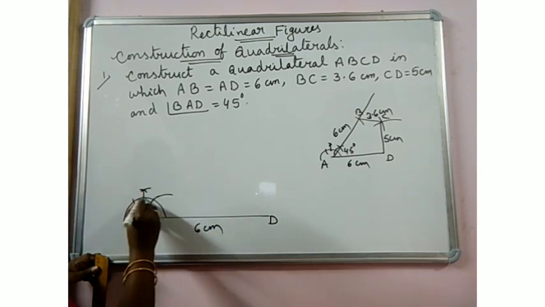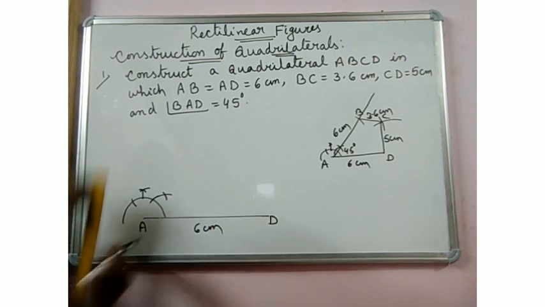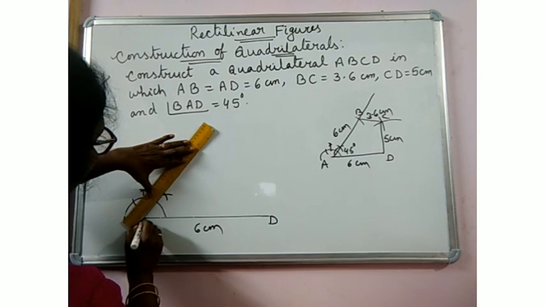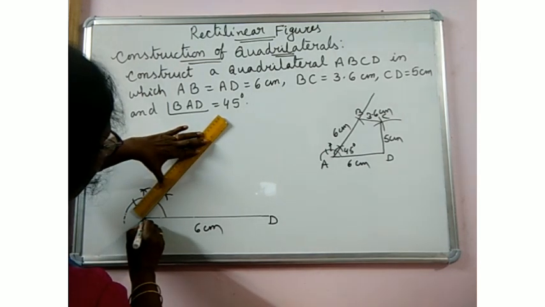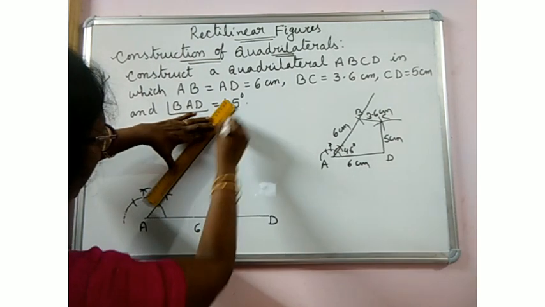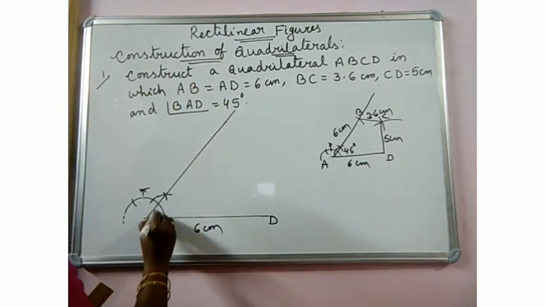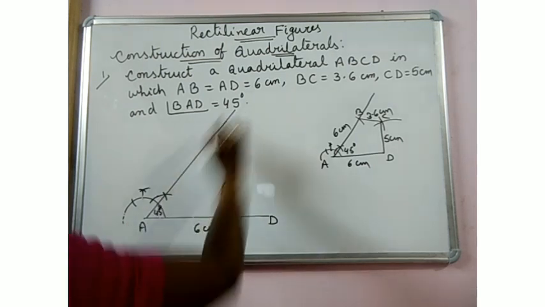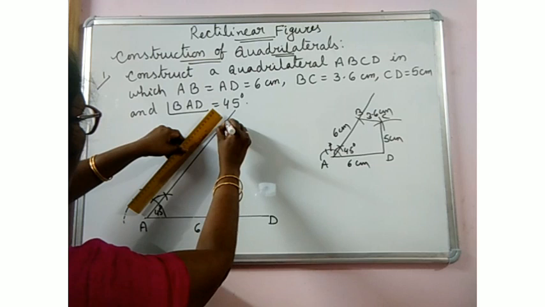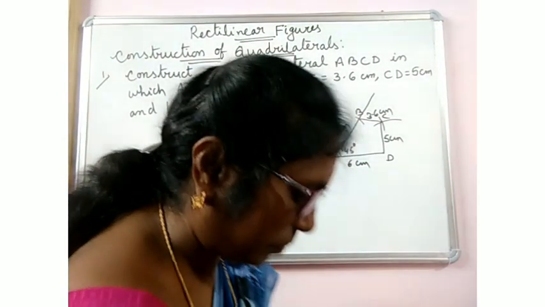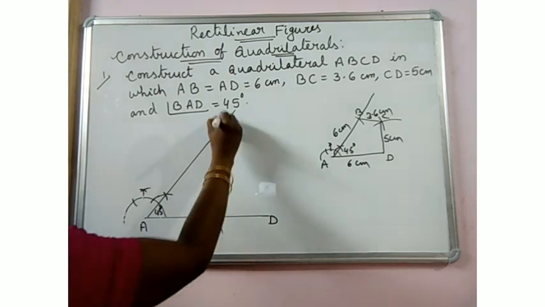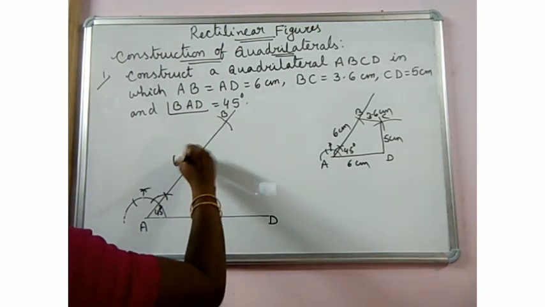Then from 60 an arc, from 90 an arc. So this is more or less 45 degrees. And A to B is 6 cm, so from here give an arc of 6 cm. This is B.